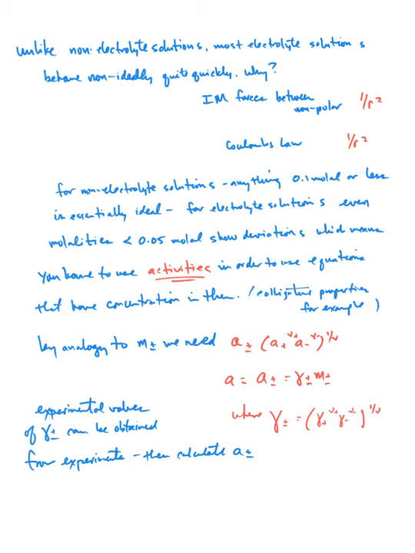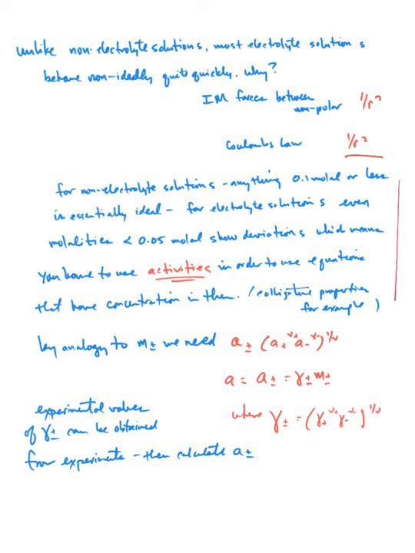If you have a non-Coulomb's law force like a London dispersion force, not ion-dipole because that is Coulomb's law, the power drops off very quickly. It's to the power of 1 over r to the 7th. Coulomb's law, as we saw earlier in this chapter, is 1 over r squared.